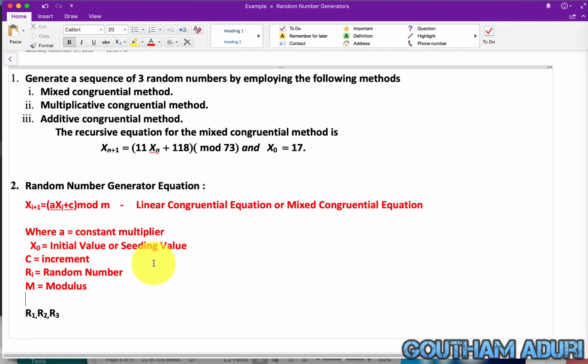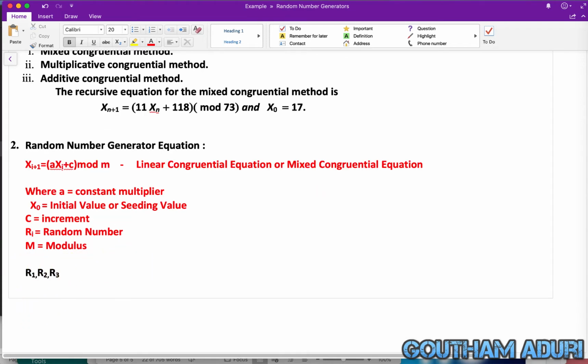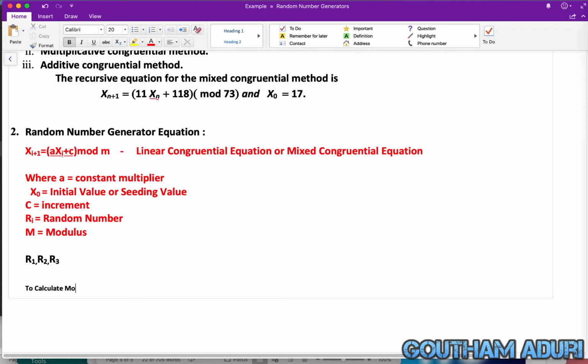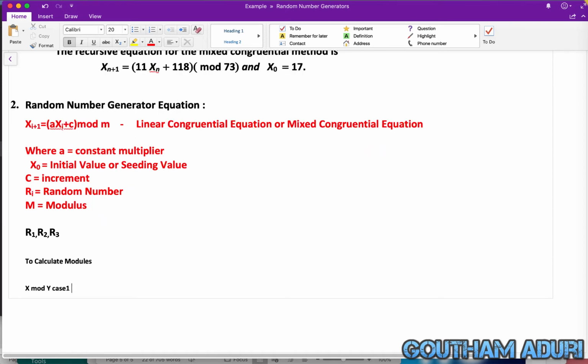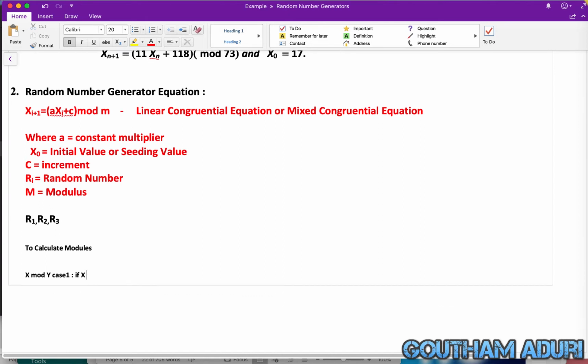Before solving this problem, let us try to understand how to calculate the modulus. If x mod y, case 1: if x is less than y, then the answer of x mod y is x.